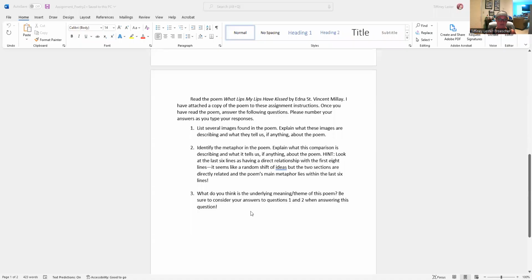And then question 3, what do you think is the underlying meaning or theme of this poem? So be sure to think about the imagery that you looked at up here and the metaphor that you looked for here. How does all of that help us figure out what the author was trying to convey?